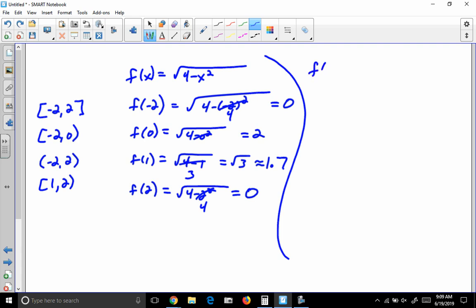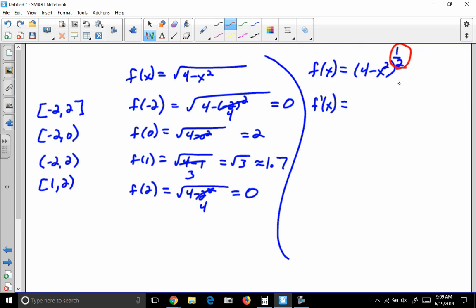So let's begin by rewriting our function in exponential form. So if we're taking a square root, our root is 2. We have that base 1 time. So we're going to have to use the chain rule to take our derivative. So the chain rule says to take the derivative of the outside.